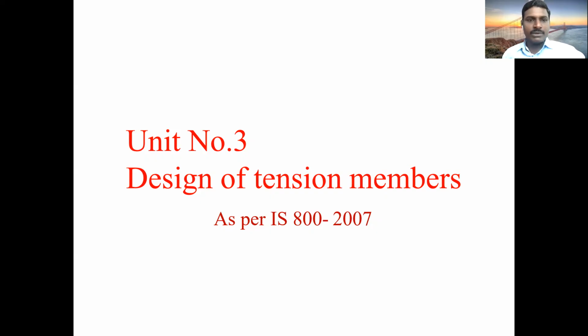We covered what is a connection, what is a bolted connection, what is a welded connection, advantages of both welded and bolted connection, then the design strength of the bolted and welded connection, and on the basis of design strength we have seen two types of examples, that is the load carrying capacity and design of bolted and welded connection.